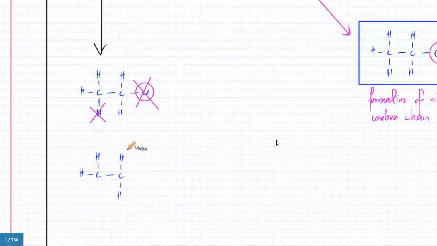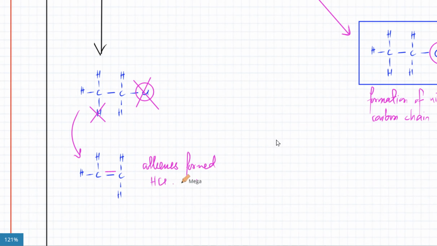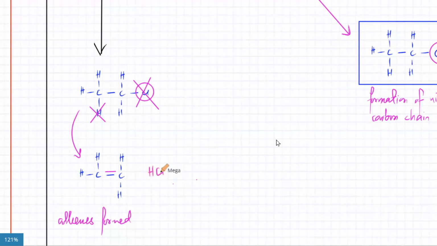So this is gone, and the double bond is going to come back into the molecule. So alkenes are formed, plus there's going to be a byproduct, which in this case would be HCl. Is that clear? Yes, sir. So alkenes are formed, and you also have HCl getting formed along with it.